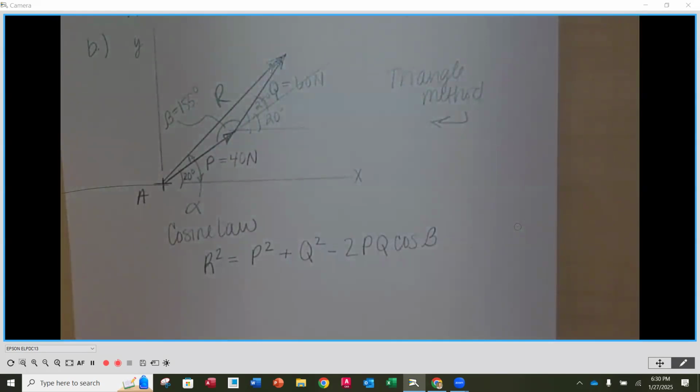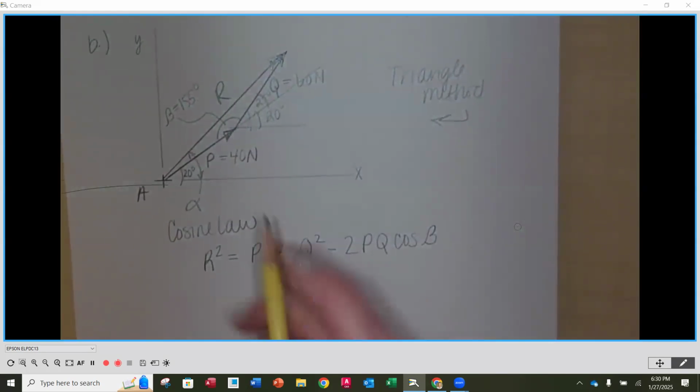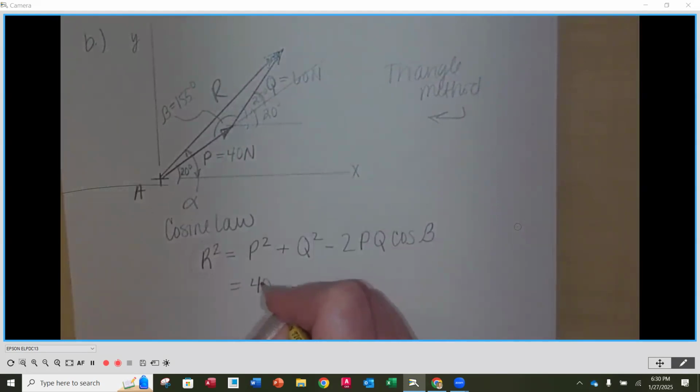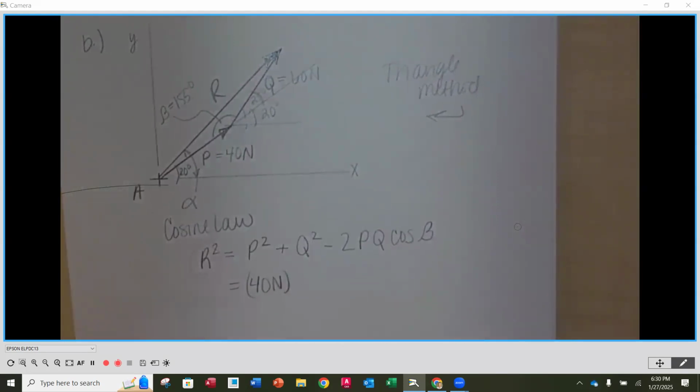Okay. So now we're going to try to find R. So that's going to remain its variable. We know that P is 40 newtons, and make sure you put your newtons in there. In all phases of the problem, you need to put your units. That is a must in statics and pretty much all the classes you have with me. We want to always make sure we end up with the right units.